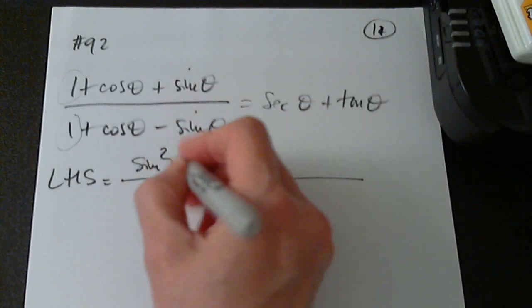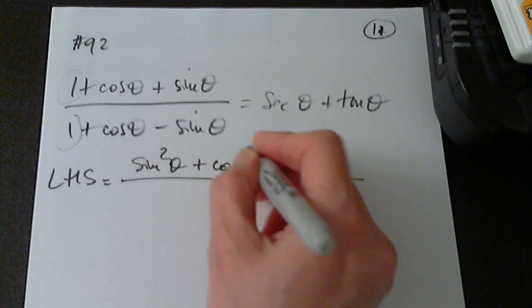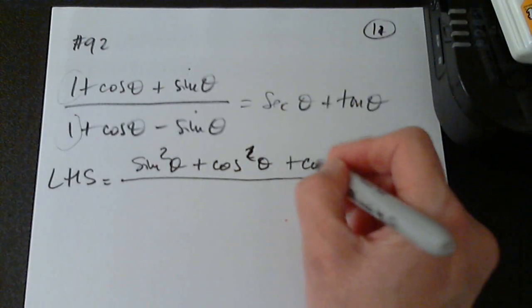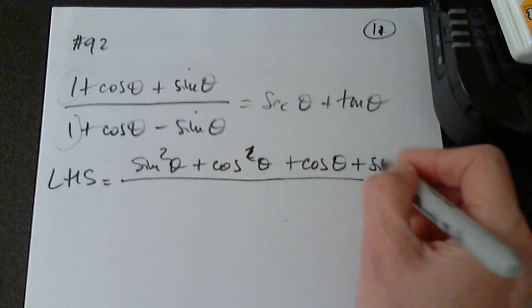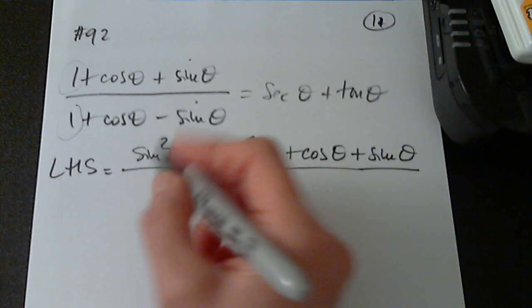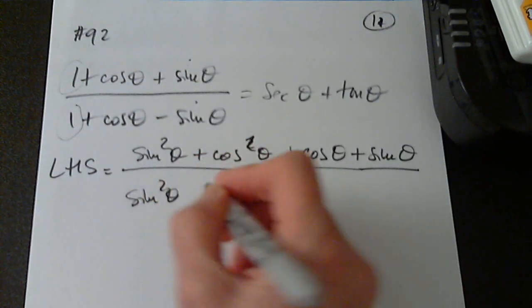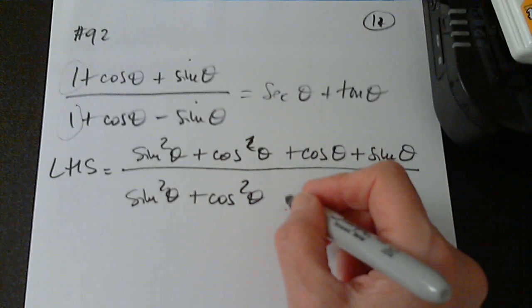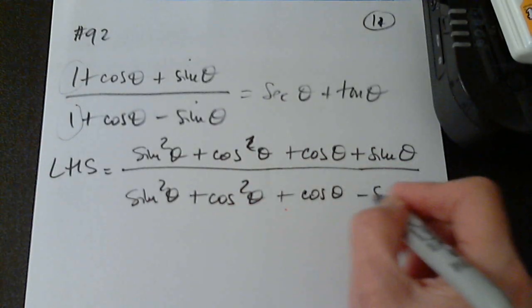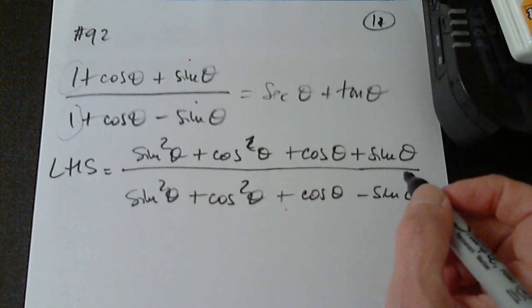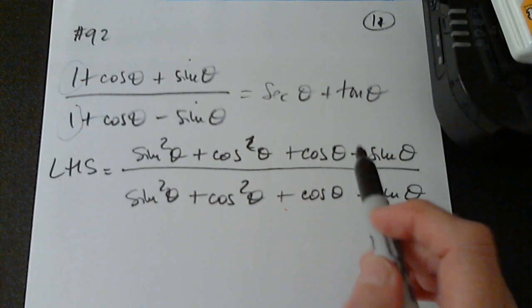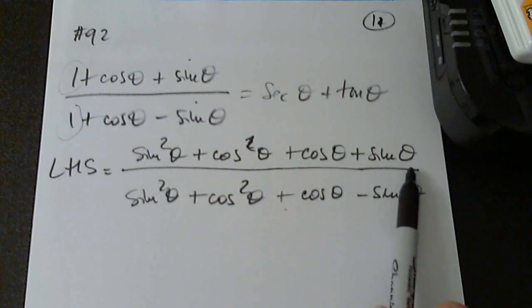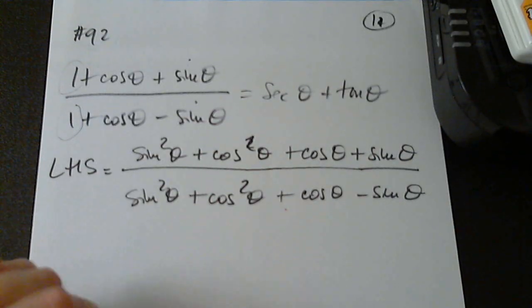So sine squared theta plus cosine squared theta plus cosine theta plus sine theta. And the denominator, again, sine squared theta plus cosine squared theta plus cosine theta minus sine theta. Let's see if I get myself into more trouble or I'm getting somewhere. Okay.